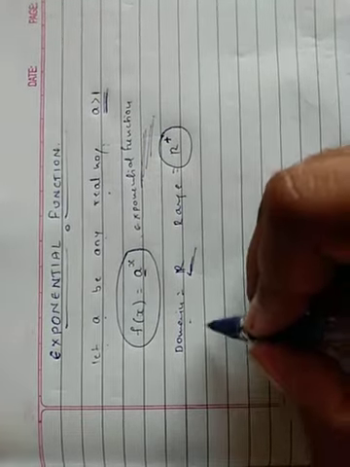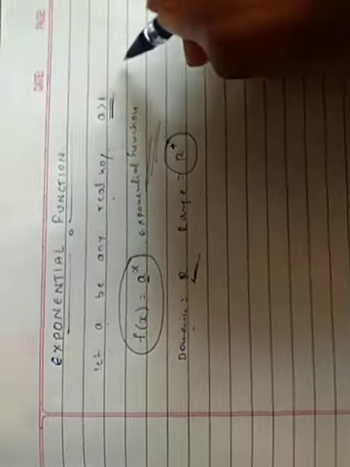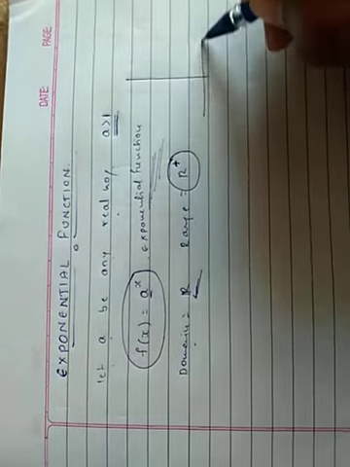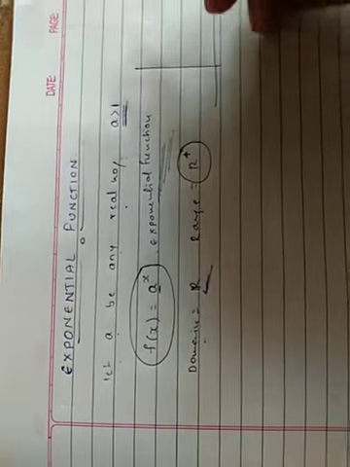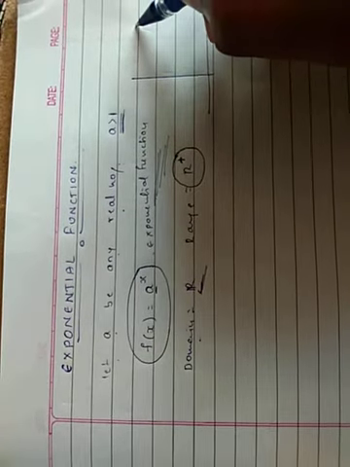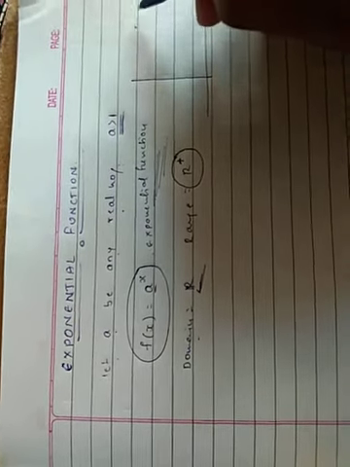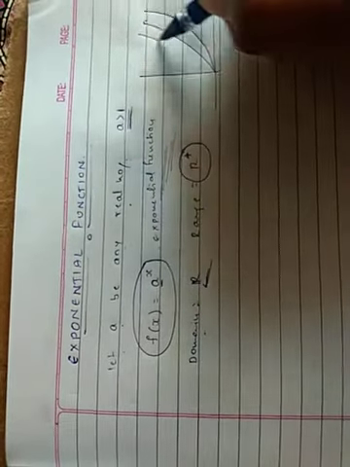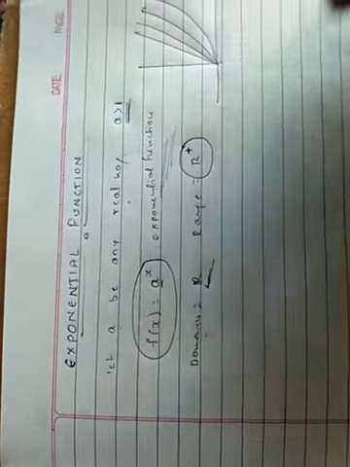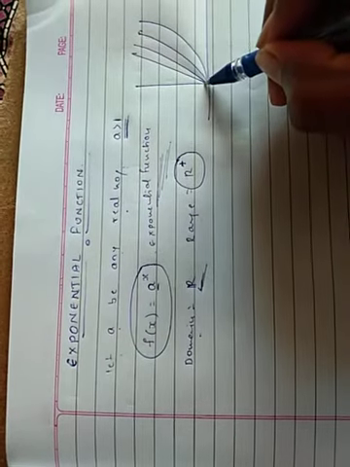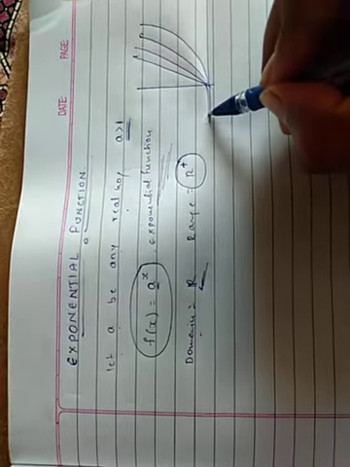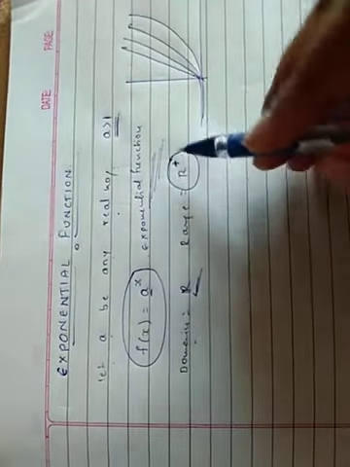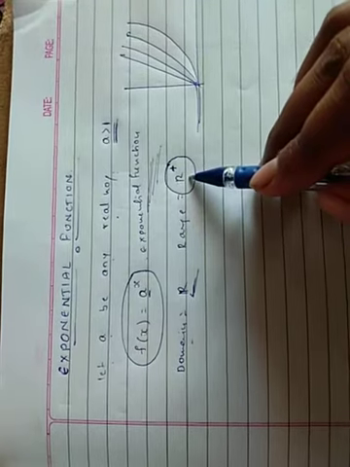So now let me draw the graph of the exponential function. It should look like this. It never takes a negative value, because the range of an exponential function is always positive.